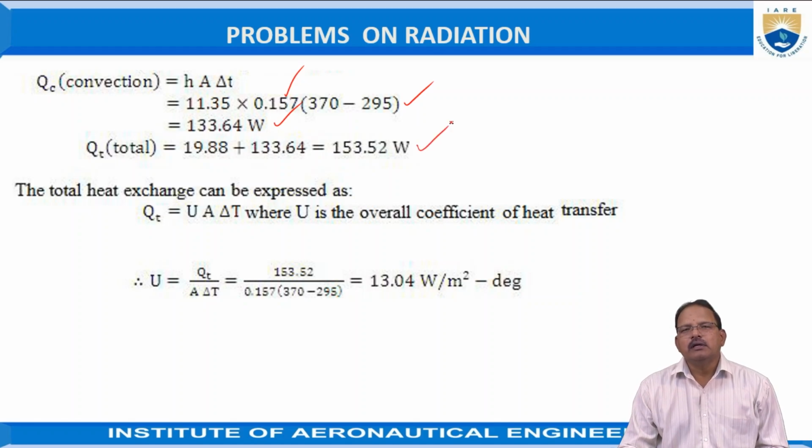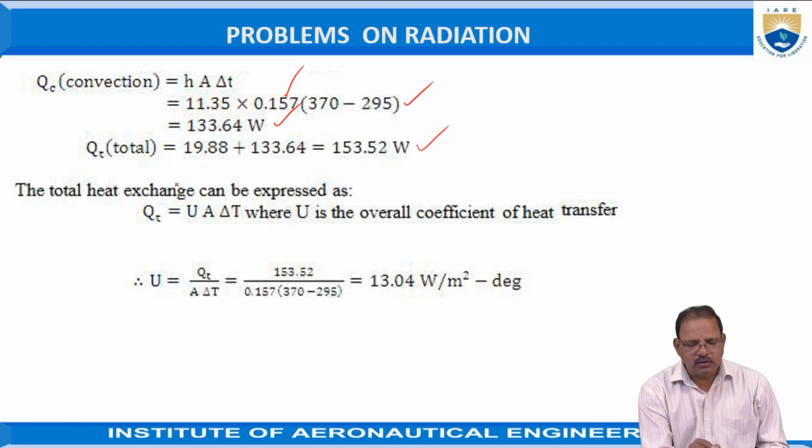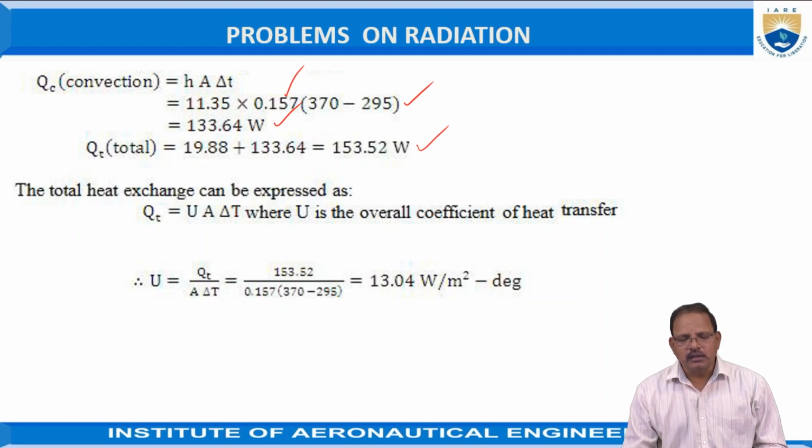But the total heat exchange can be expressed as Q equal to UA delta T, where U is representing the overall heat transfer coefficient, A is representing the area of the section, here taking the lateral surface, and delta T is representing the temperature difference.